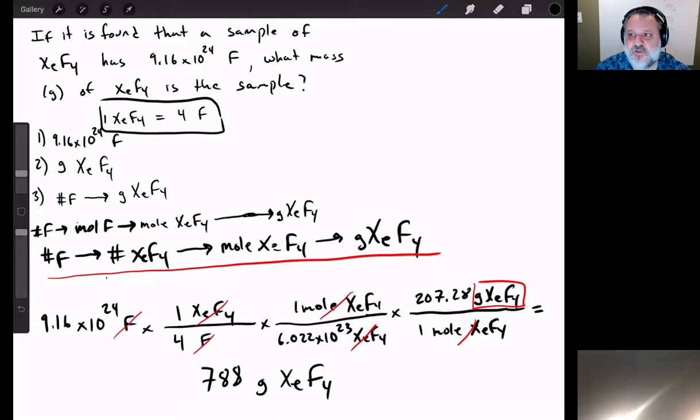The one thing that's good about, even though my calculator is bad and it makes me count, it does keep all of my typing. And I definitely didn't mess up the typing. 207.29. Maybe that's the difference. Doesn't seem like it would be. Let me try to use your number and see what I get.